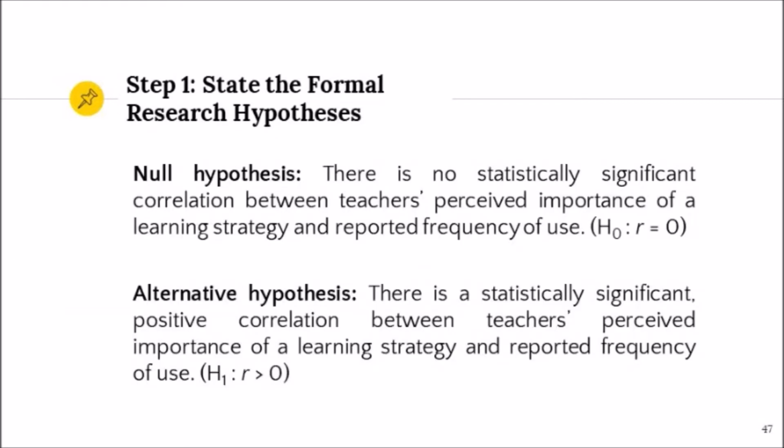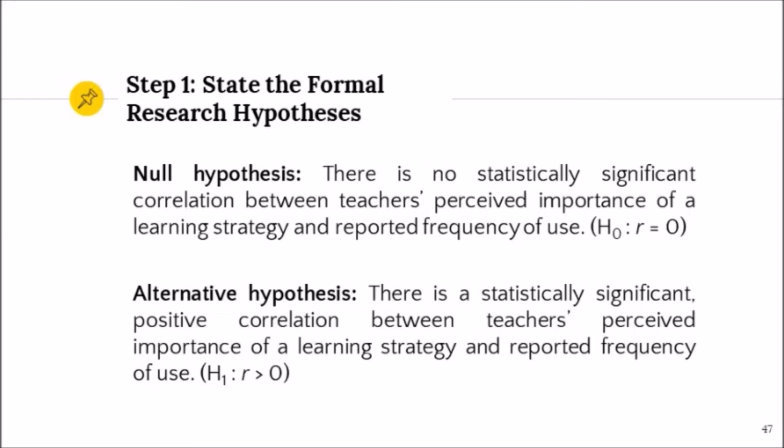The first step in statistical logic is to state the hypothesis. For this practice problem, two hypotheses were formulated. The first one is the null hypothesis, and the second one is the alternative hypothesis.